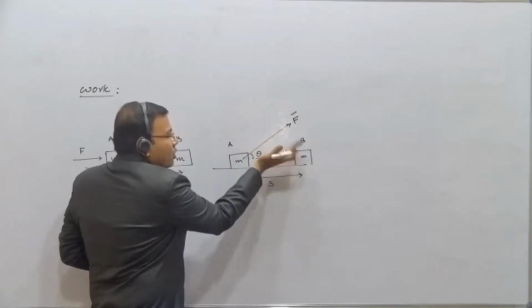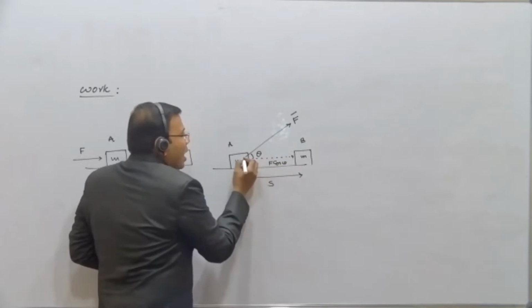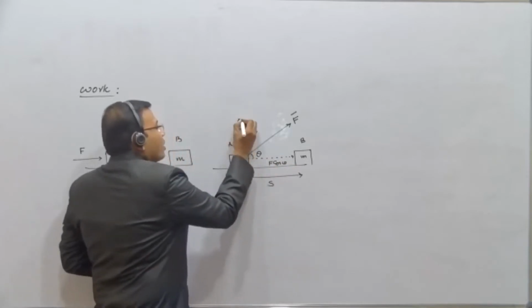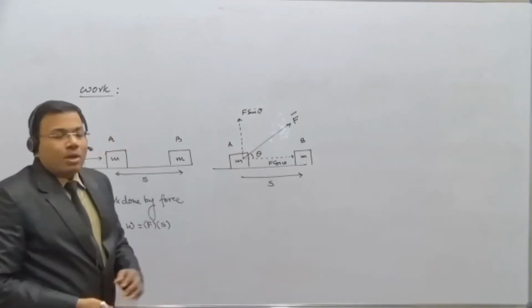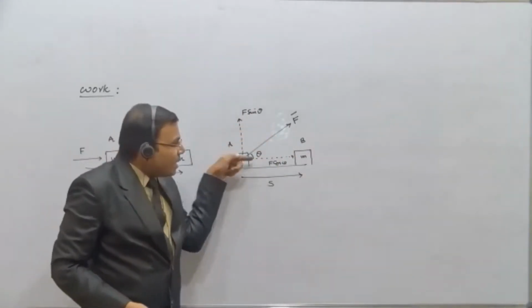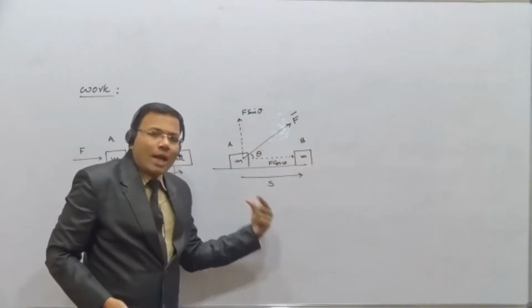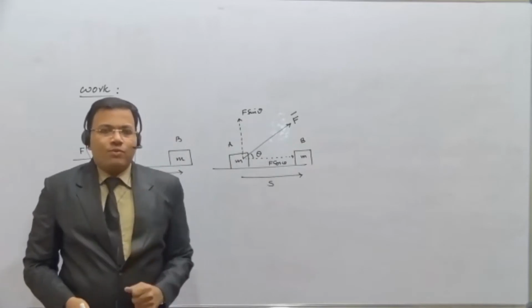In this direction it will be F cos theta, and in this direction it will be F sin theta. This F cos theta is in the direction of the displacement, or I can say the displacement is in the direction of the component of the force.